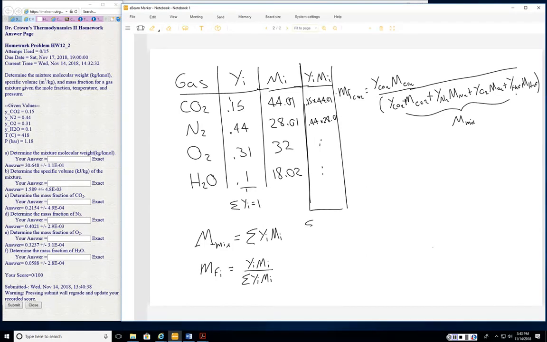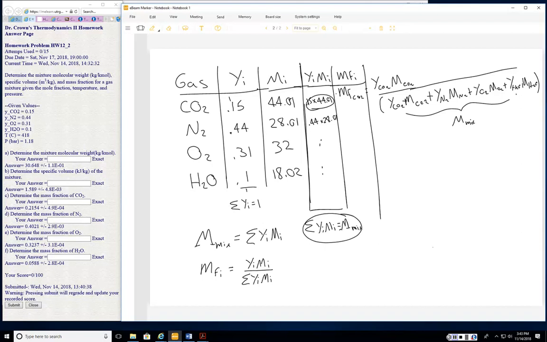And then we'd sum all those up, and that would give us the mixture molecular weight. And finally, this equation that we have here, which is the first one, we can have mass fraction of i, which then would just be this value divided by the sum.